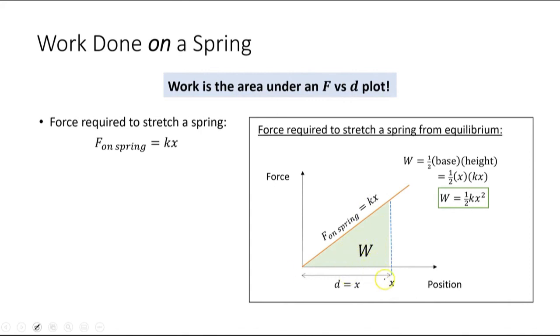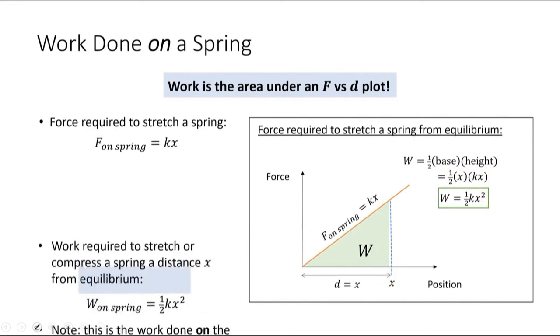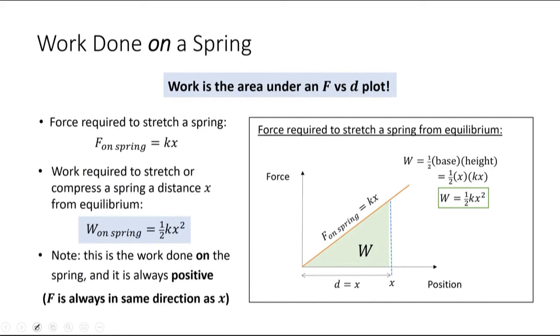It's a triangle, right? It's a right triangle, and so I could use 1/2 base, which is going to be x, times height, which is going to be F. F is really kx, and so you get 1/2 x times kx, which is 1/2 kx squared. Okay, and so this is the work done on a spring.